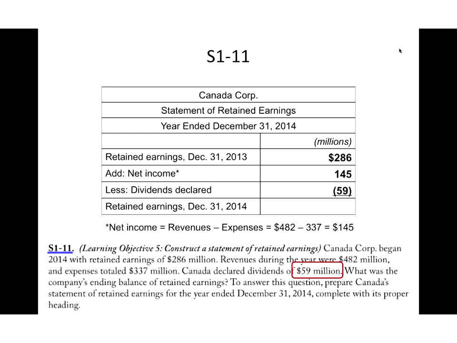And it's usually the numbers going back to the last single underline, okay? So in this case, we're going to take 286 plus 145 minus 59 is going to give us our ending retained earnings of $372 million, and we're going to put a double underline because we're done, and we'll put a dollar sign in front.